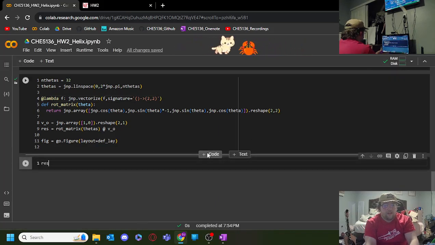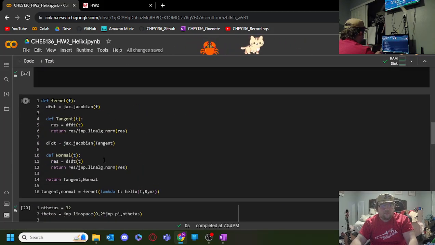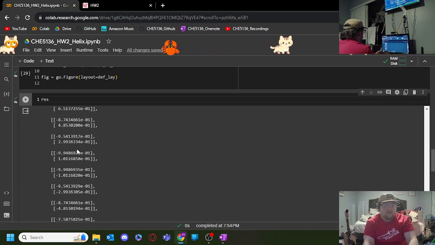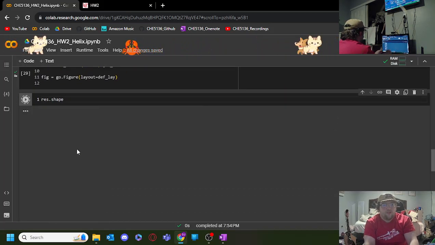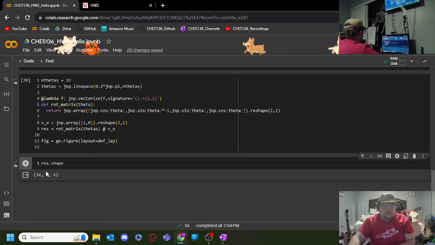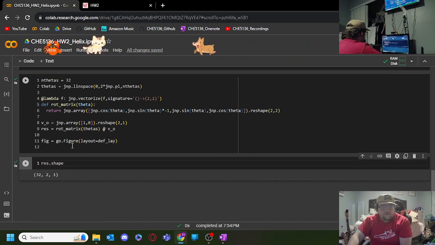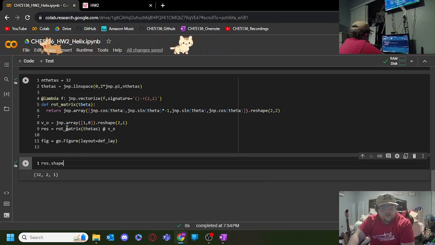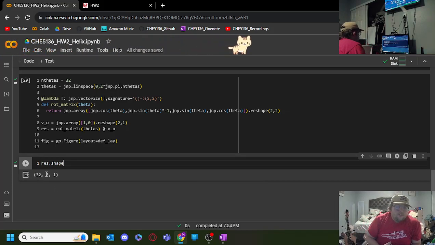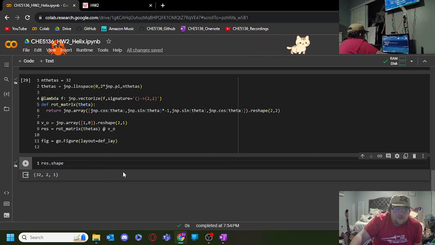Now, if I look at res dot shape, see what that did. Alright, so we have 32 thetas, we have 2, so 32 thetas, we got 2 rows and 1 column.